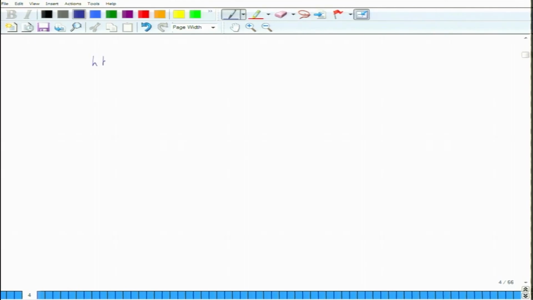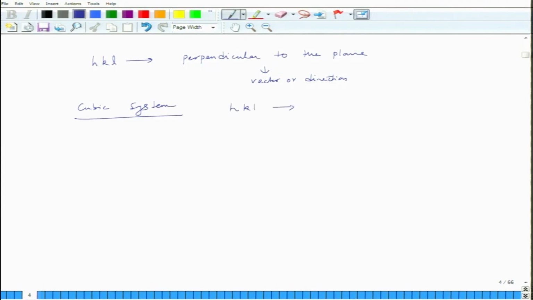when we have a plane HKL, the perpendicular to the plane is a vector, or direction. So, for the cubic system in general, the HKL plane normal is the direction HKL.